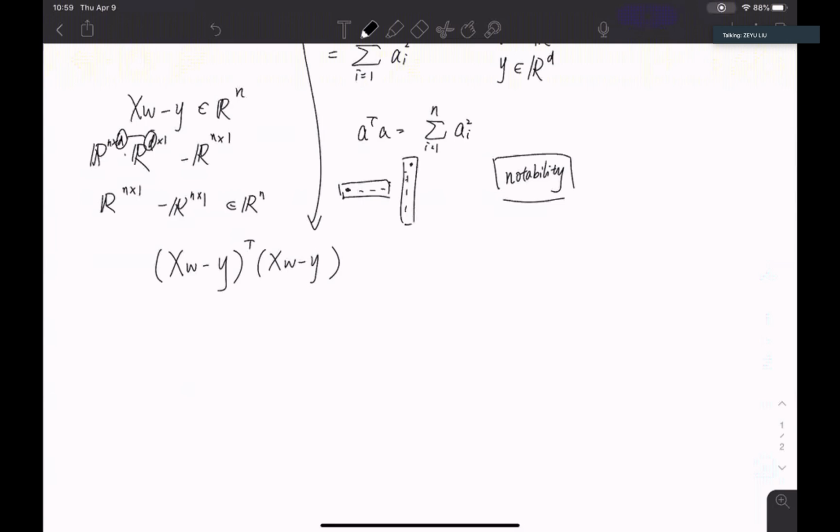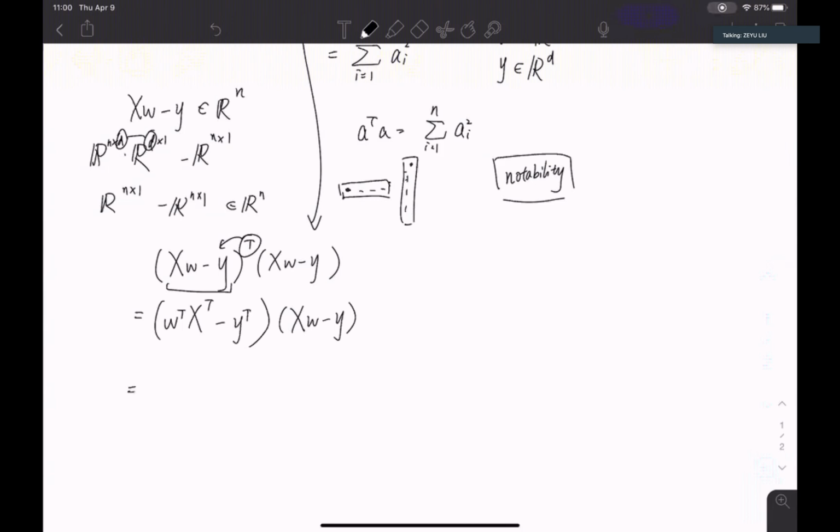Okay, so let's continue. Let's first take this transpose and distribute it into this expression. We'll have W transpose times X transpose minus Y transpose. This is just some rules for transpose, defined by math, if you say so.